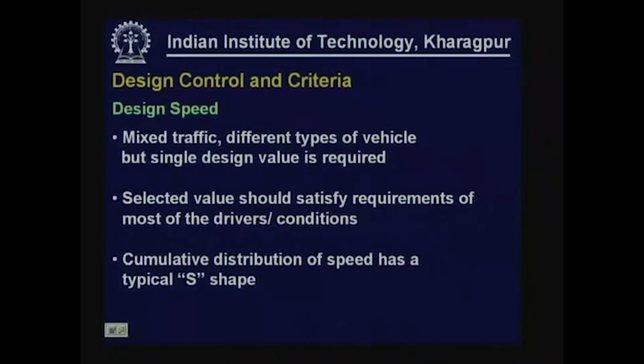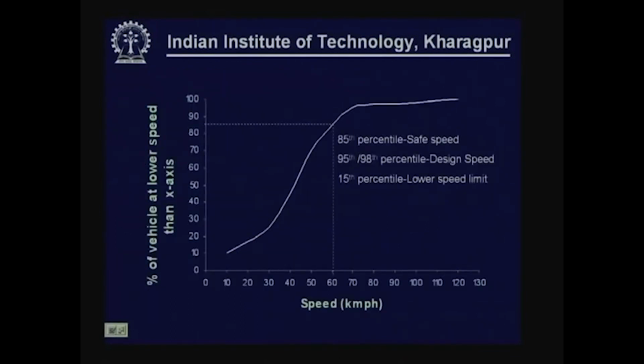Let us look at the cumulative distribution of speed, which is a typical S curve. The speed is shown on the x axis, and the y axis shows the percentage of vehicles at lower speed than what is indicated on the x axis. This is a typical S curve, what is normally obtained if we take a spot speed distribution.